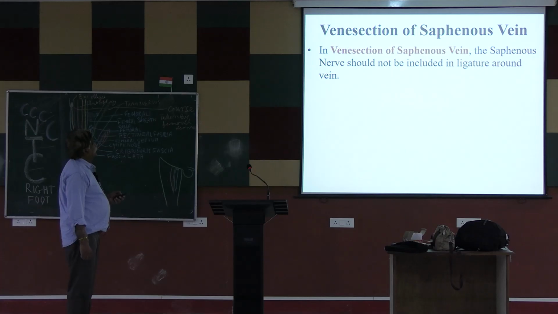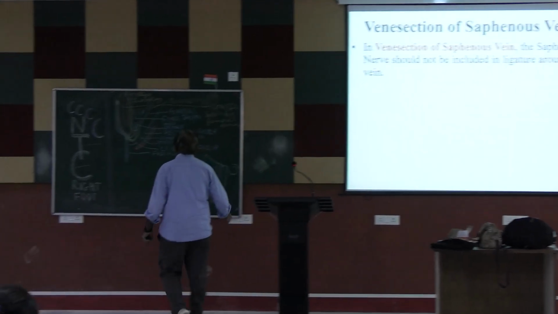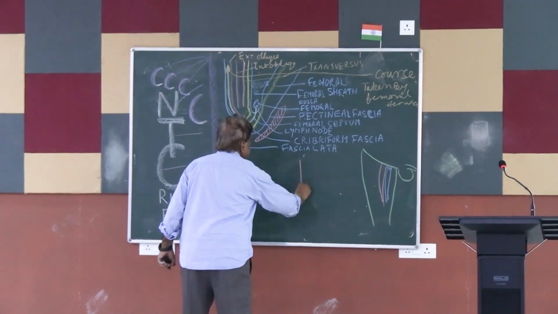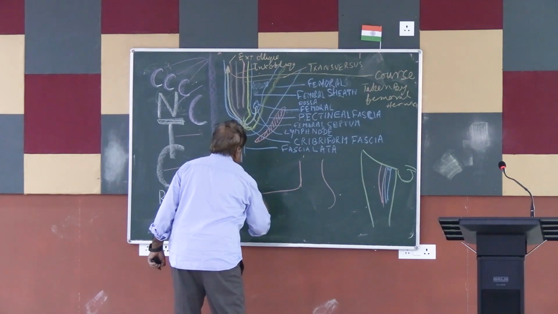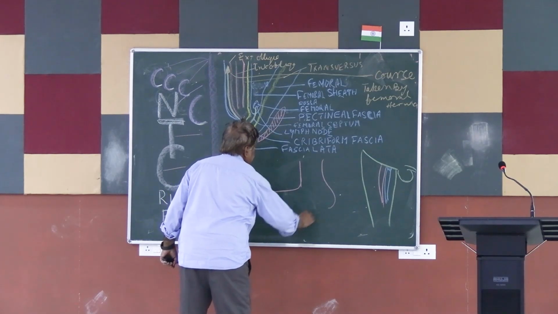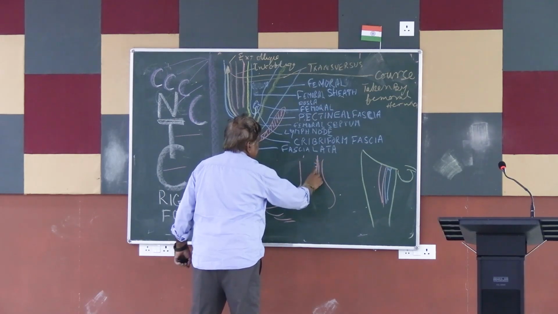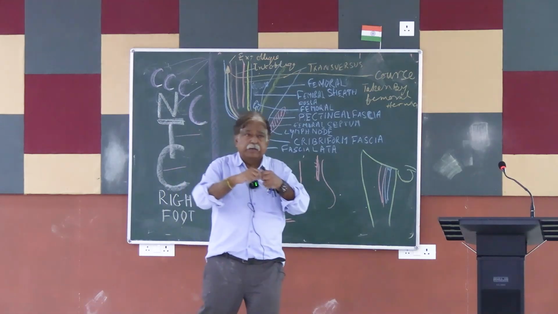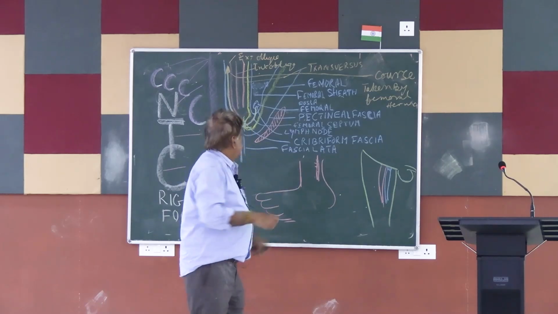Venesection of the saphenous vein. In venesection of the saphenous vein, the saphenous nerve should not be included in the ligature. When you do a venesection, over here you make an incision and open the layers, and then you only have to put in the vein.